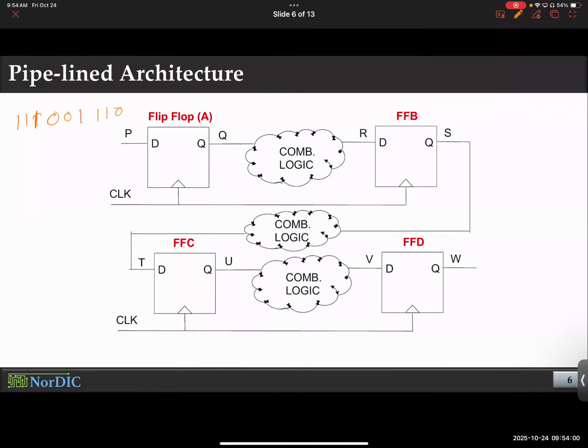111001110. If I give you a bit stream like this, nothing makes any sense to you, right? As humans, we cannot read this binary stuff. Even machines cannot do it without any specific architecture. So what I mean by that is every computer knows what every bit means.